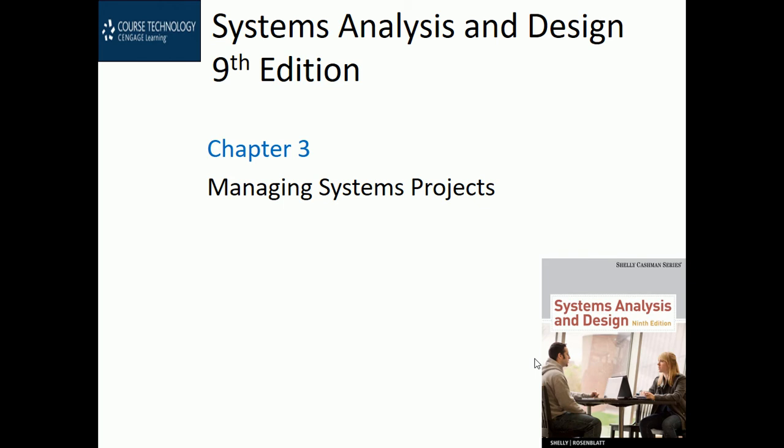But before we begin with chapter 3, let's have a recap of what we've learned in chapter 2, analyzing a business case. It's very important to have a business case because this entails what the problem is that needs to be solved. And then we have a systems request, which is a request by the stakeholder or the user to solve something.